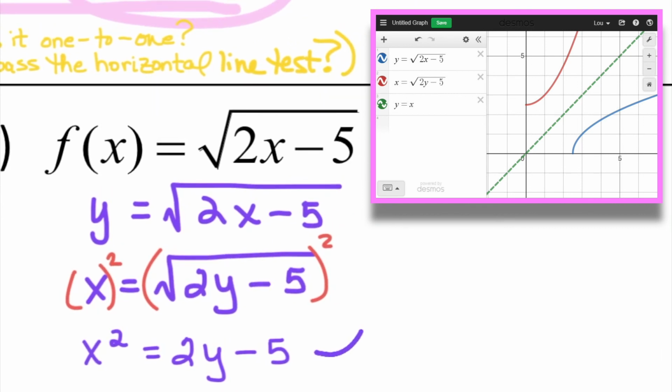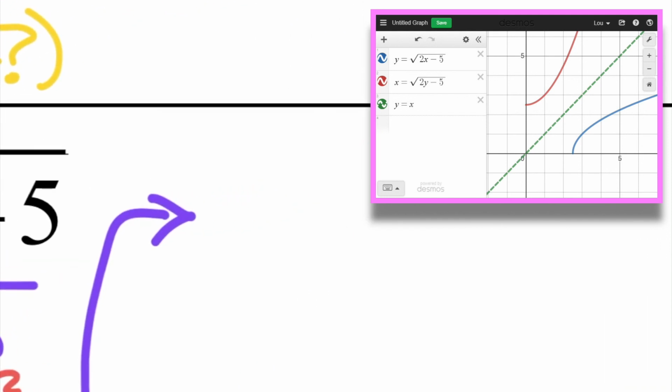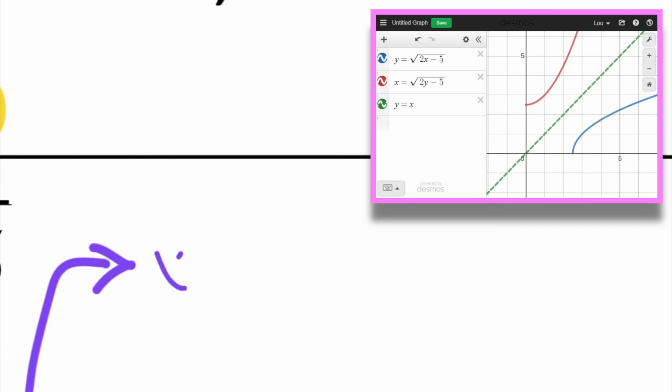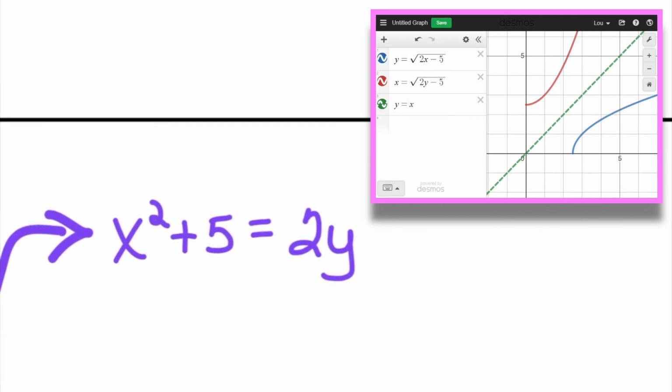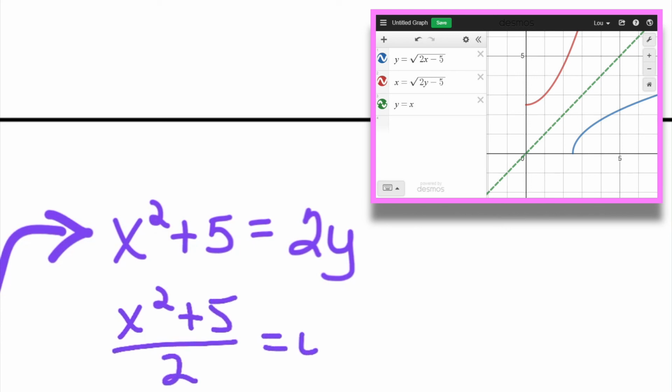And then I am going to add 5 to both sides, so I get x squared plus 5 equals 2y. And then I'm going to divide both sides by 2, so I get x squared plus 5 all over 2 equals y.